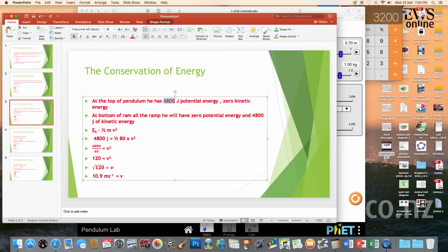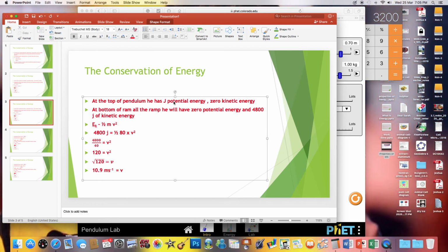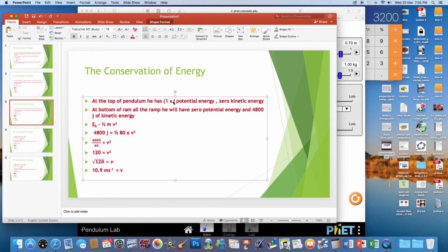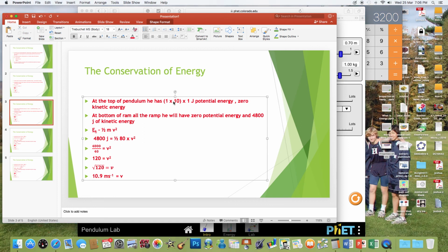We can calculate his potential. He's going to have 1 times 10 times 1 equals 10 joules of potential energy and 0 of kinetic.